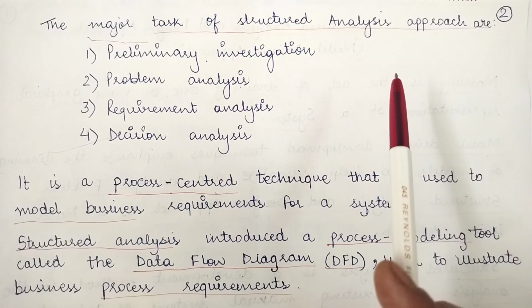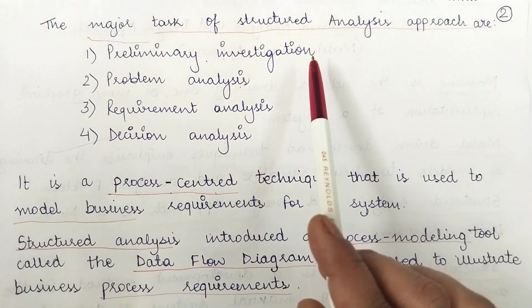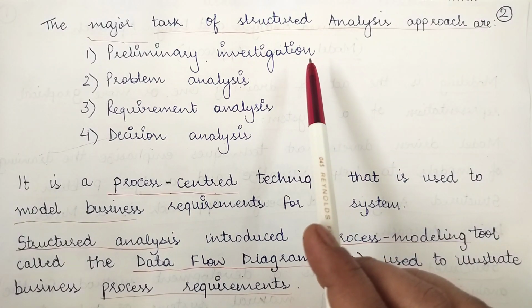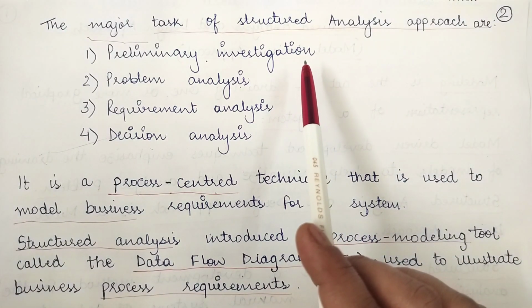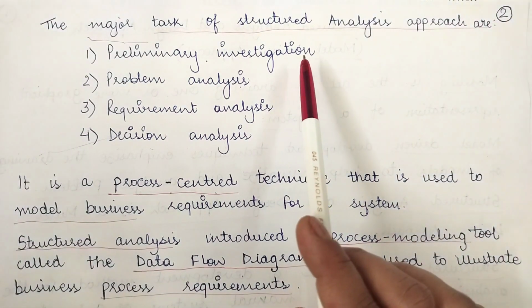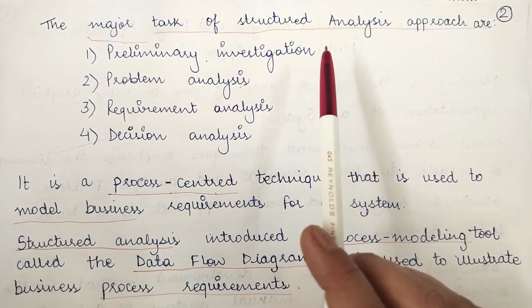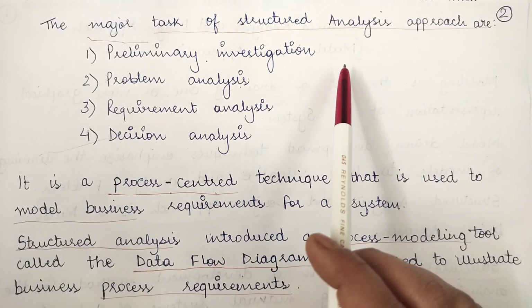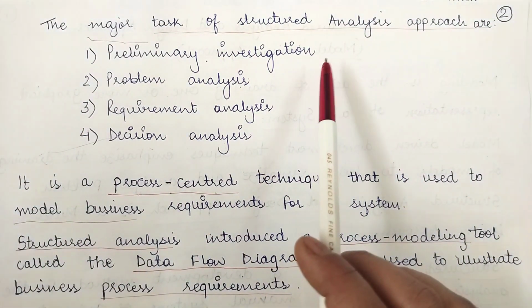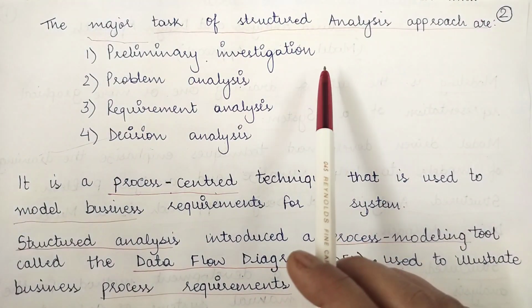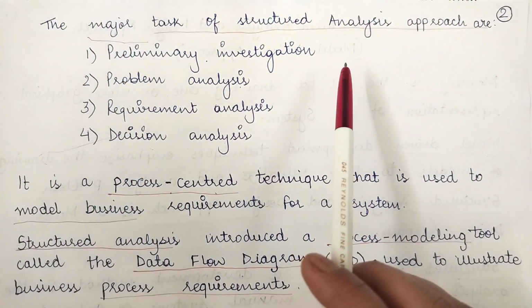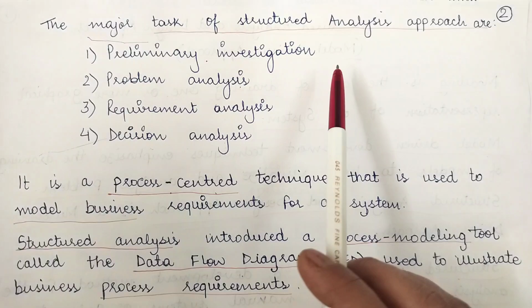Now there are various methods for preliminary investigation. One is reviewing the documents provided by the organization. Now the organization which wants to come up with a new system, which has proposed a new system, provides certain documents about the proposed system to the system analyst. So the system analyst would review those documents.